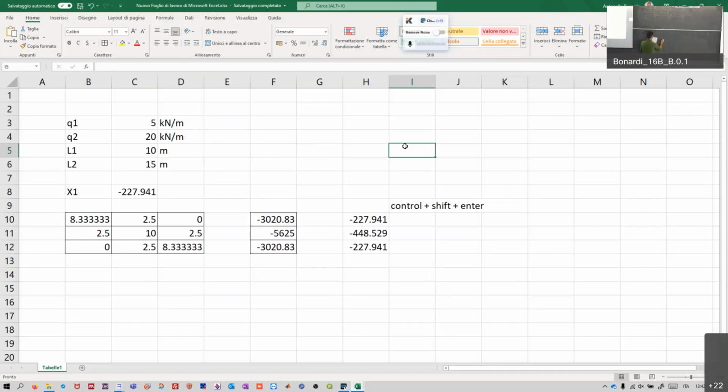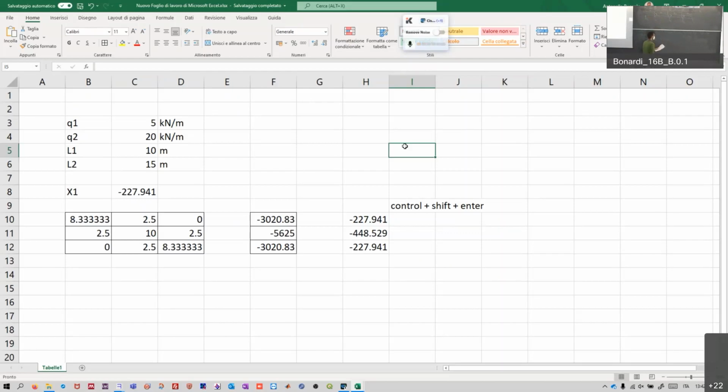It is Q1 times L1, because it is the force applied in this beam, times the lever arm, which is, if Q1 times L1 is applied here, its lever arm with respect to the pole E is L2 plus 1/2 of L1.